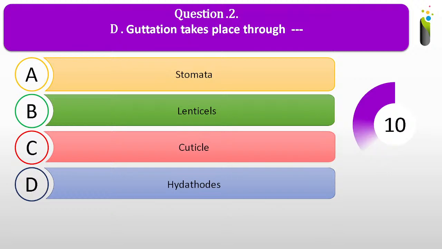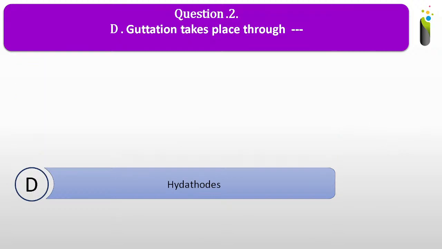Guttation takes place through dash. And the correct answer for this question is hydathodes. So guttation takes place through hydathodes. Correct answer Arushi Shah, Kavya J, Samana Deshpande, Jatinder Singh. Correct answer.